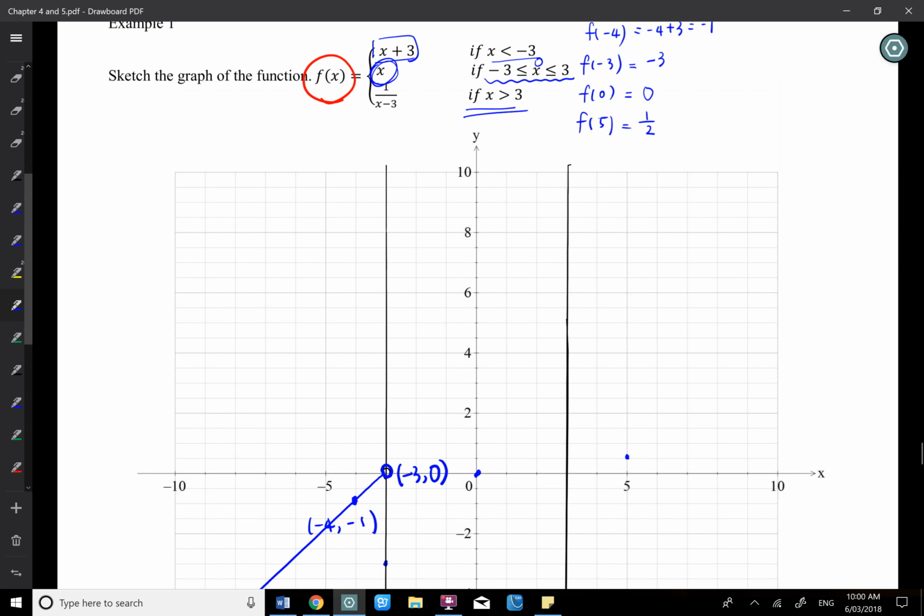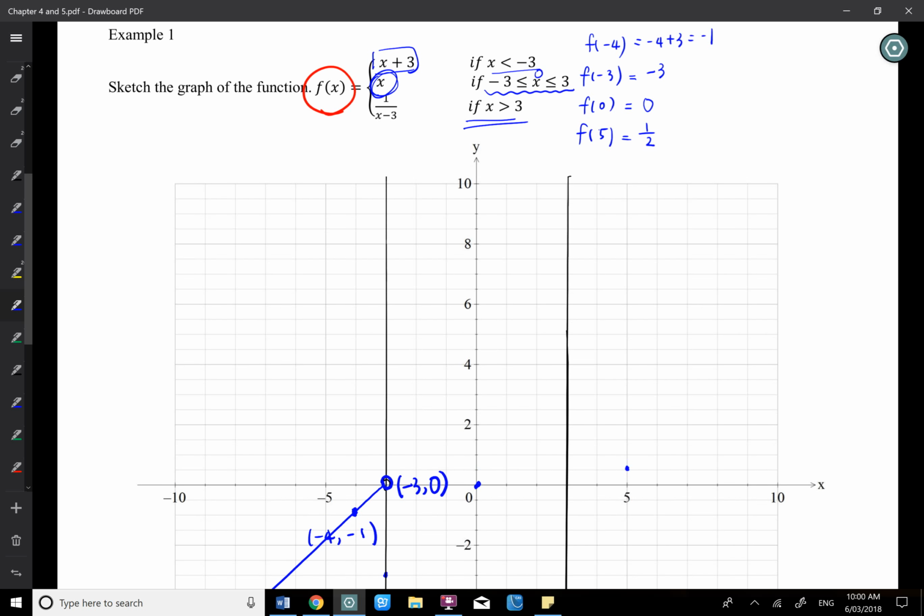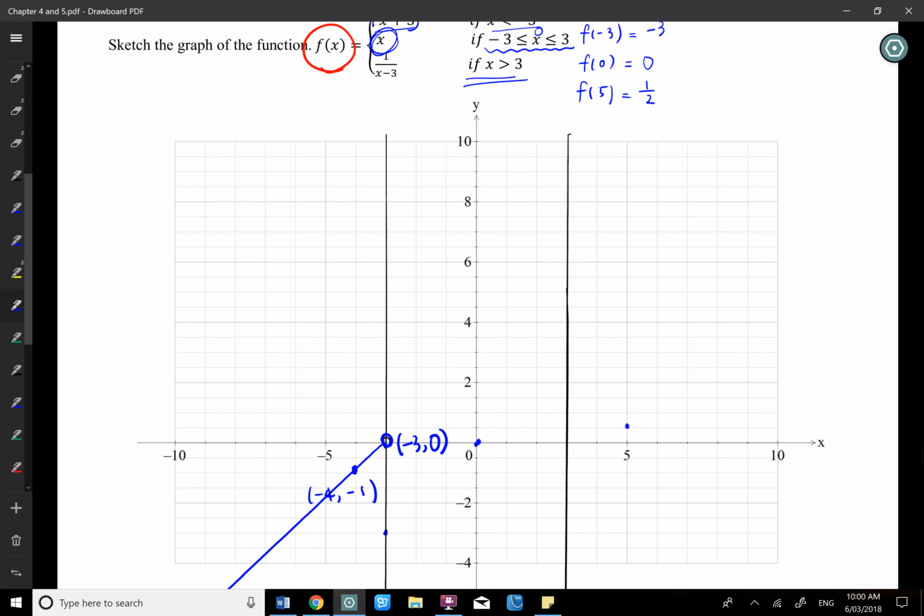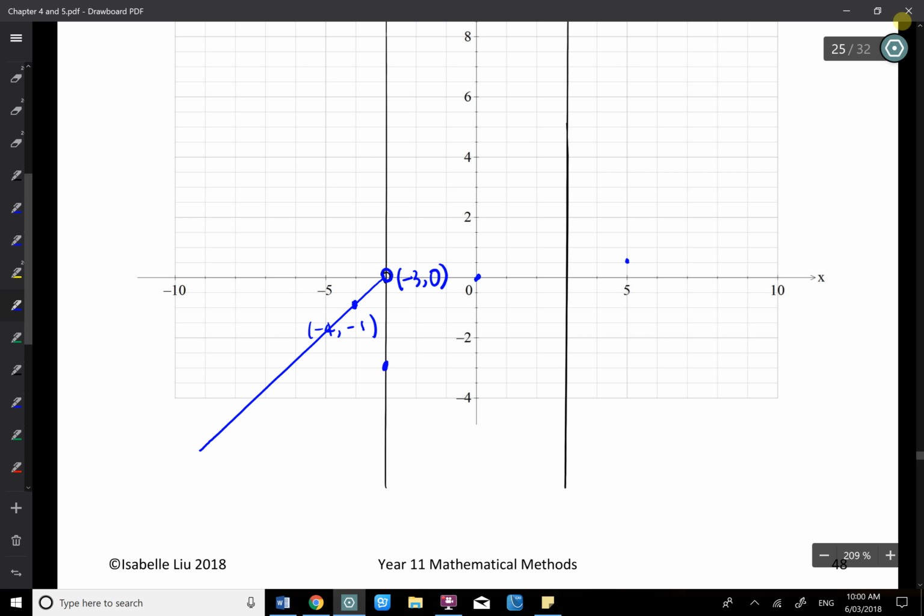So the next thing is y equals to x. Okay, f(x), we just change that to y. So y equals to x. You know that's a linear path through the origin. But also we have 2 endpoints, negative 3 and 3. So when I put negative 3, I will have negative 3. That's already this point here, negative 3 and negative 3.